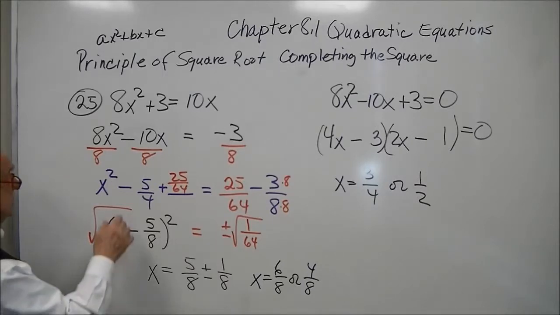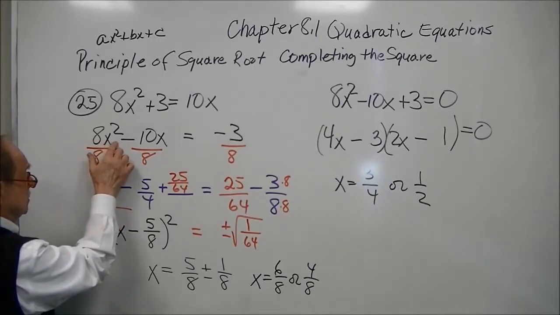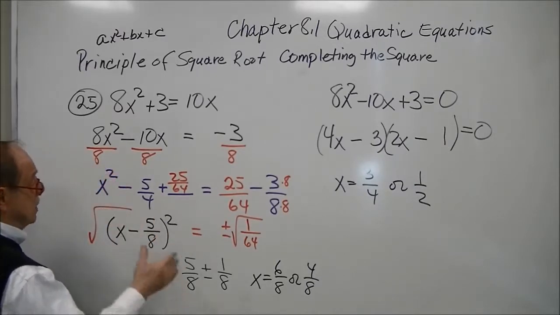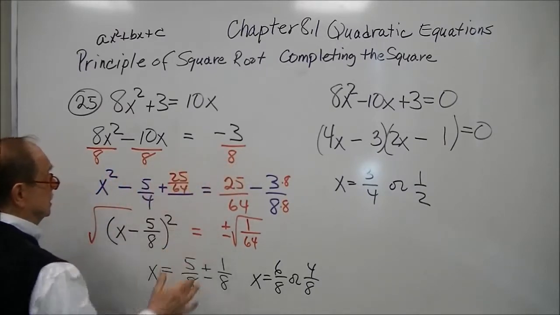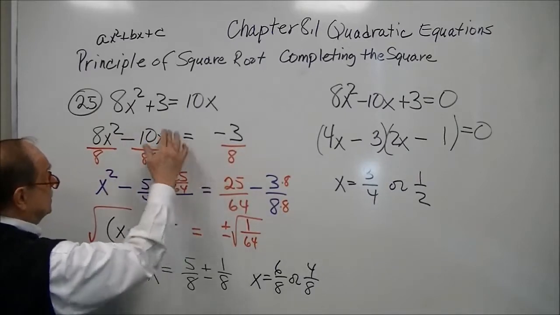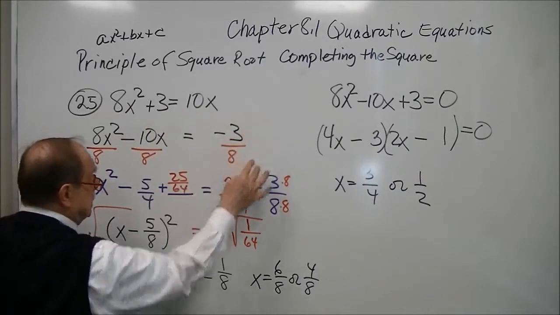Well, the answer is you divide the x term by whatever a is, which was 8. But to keep it in an equation, you have to divide each term by 8. So that's what I did. I had to put it in standard form first and move the c term to the other side.